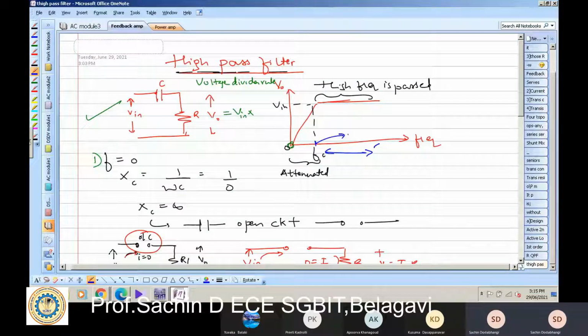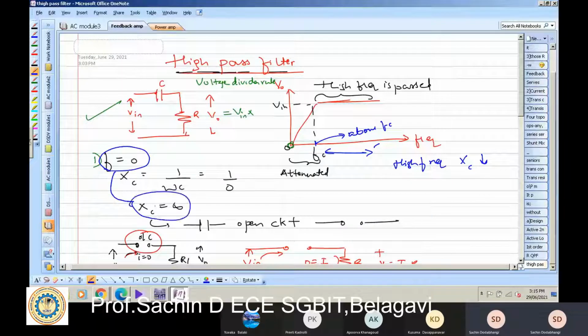When frequency goes on increasing, what happens to this capacitor now? At high frequency, XC decreases. I told you for zero frequency we had taken XC as infinity, and XC infinity means we have taken the capacitor as an open circuit.